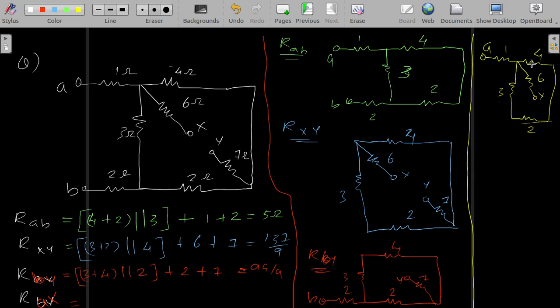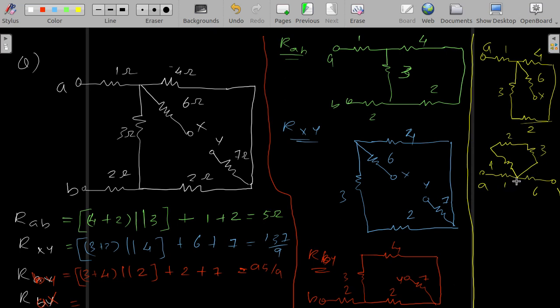This whole thing, okay, let me redraw this. 1 6 AX, this whole thing can be drawn something like 4 2 3, something like this.